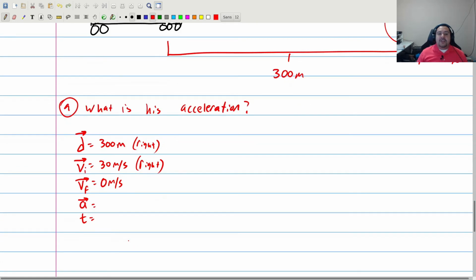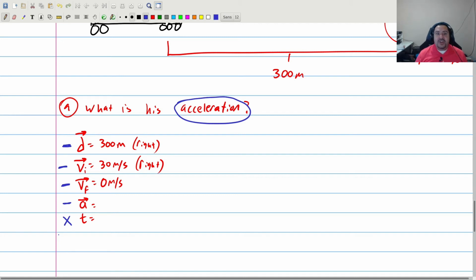Okay, so I look at those and I say, I need acceleration. So I look for an equation that has those four variables. It's got to have a d in it. It's got to have a v initial in it. It's got to have a v final in it. And since I'm looking for acceleration, it also has to have an a. It should not have a t.